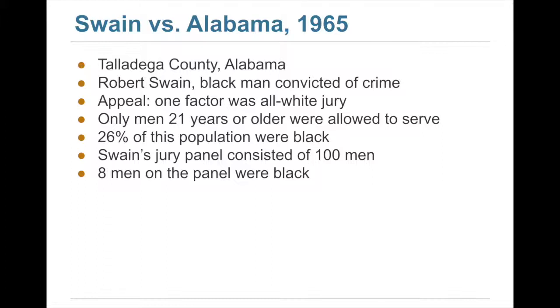And it's not just that the final jury was all white, but if you look at the jury panel, that distribution also looked fairly different from the county. So I don't know if you know what a jury panel is, but the way the jury process works is you start with the eligible people in the county, and the county draws up a list of eligible jurors and then selects, supposedly randomly, from them to construct a panel.